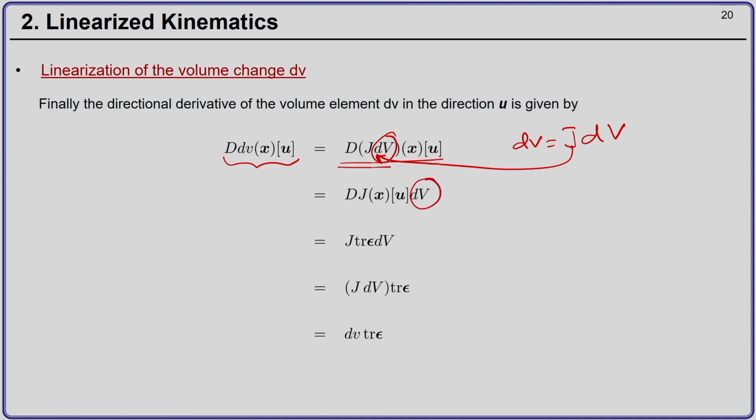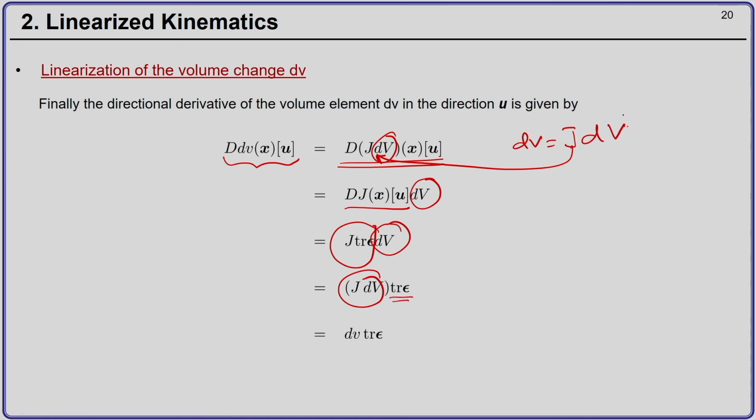This reduces to the directional derivative of the Jacobian in the direction u, and just now we have computed that this is J trace of epsilon, which was the task you were to do. So, J trace of the small strain tensor epsilon times dV capital. So, J dV capital times trace of epsilon.